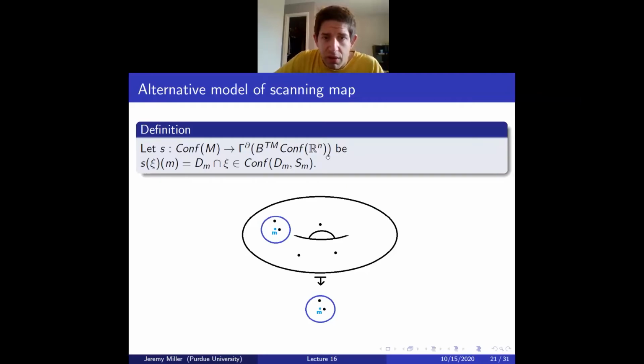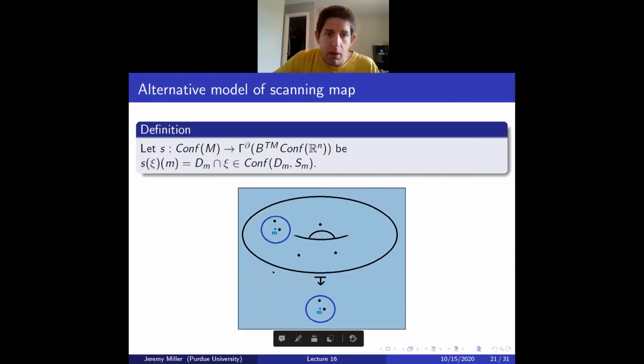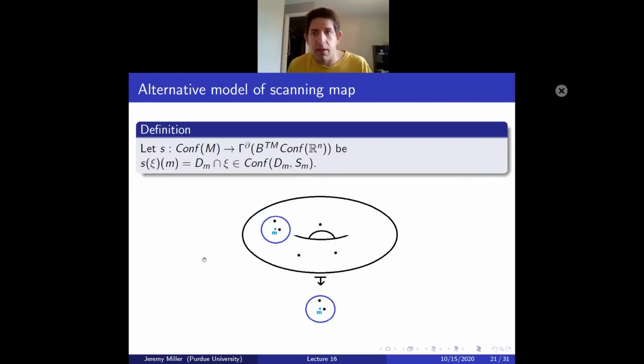To define the scanning map, I just need to tell you, given a configuration and a point in the manifold, an element of the fiber. Well, you just take your disk and intersect it with your configuration. And now if there are 2 points, you're not upset. So this isn't fully natural, but I think it's slightly more natural than the other construction. Any questions?